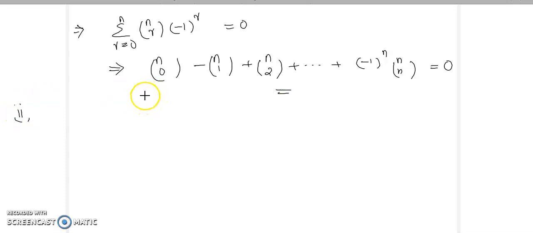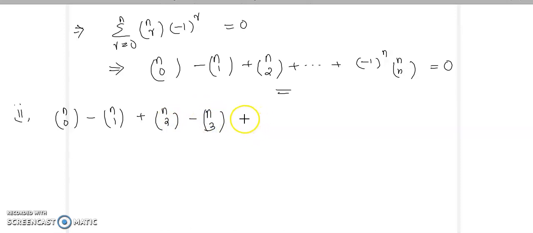For the second part, we need to show that nC0 plus nC2 plus etc., that is, the combinations where r is even, is equal to the sum of combinations where r is odd. So that is obtained directly from this equation. The first part we will get: nC0 minus nC1 plus nC2 minus nC3 plus etc. plus (minus 1) raised to n nCn is equal to 0.